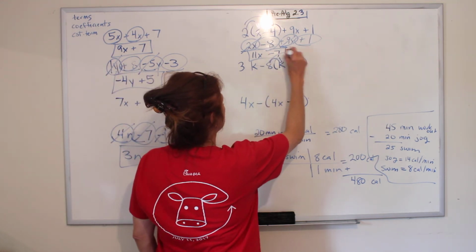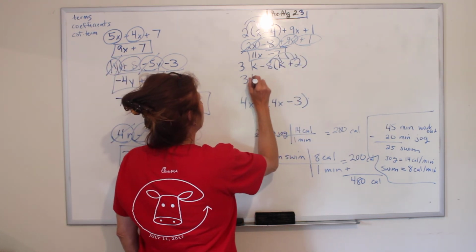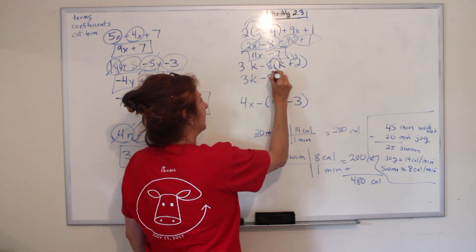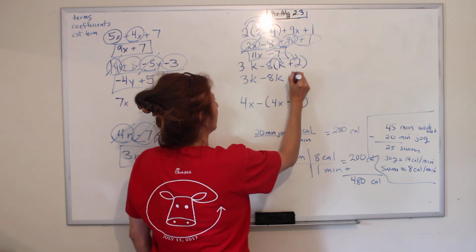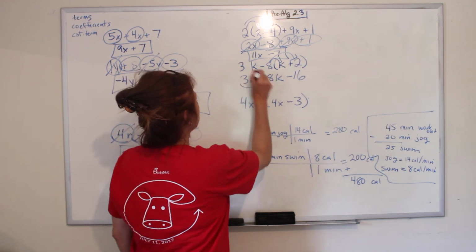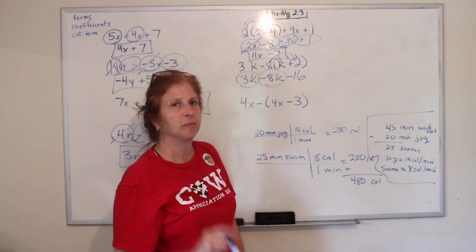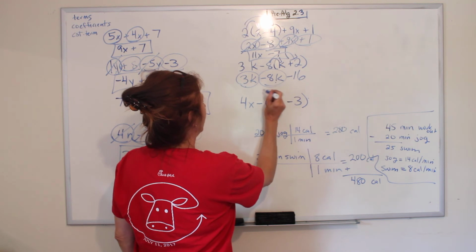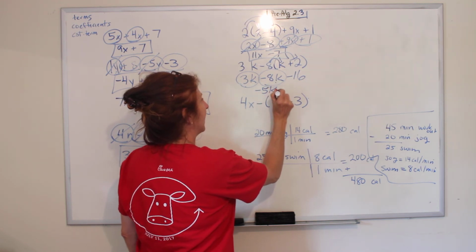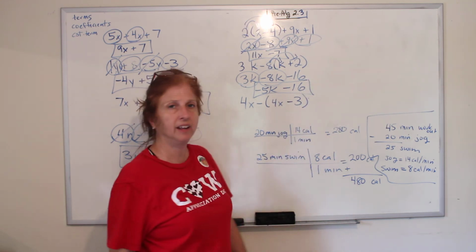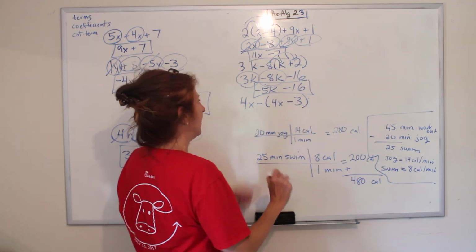Let's do the next one. We've got this distribution that needs to happen. Negative 8 times k is negative 8k. Negative 8 times 2 is negative 16. Now, I circle the things that can be gathered up. Gathering up your terms. 3k minus 8k is negative 5k. And then just bring down your negative 16. Ta-da! One more. Now, this one's fancy.